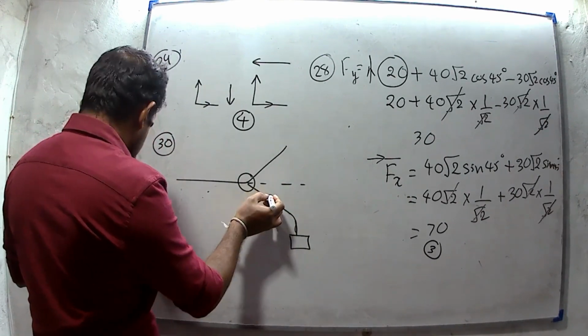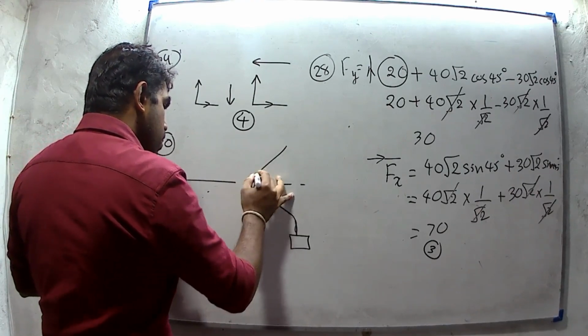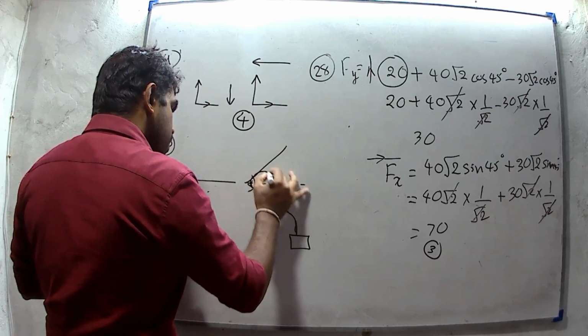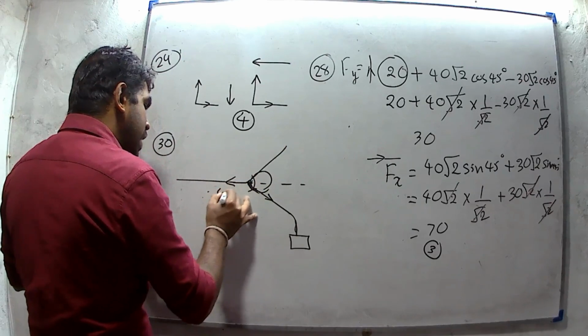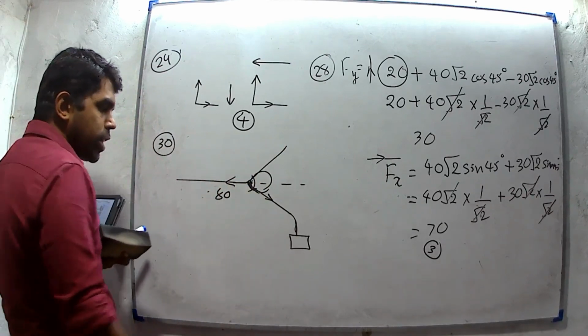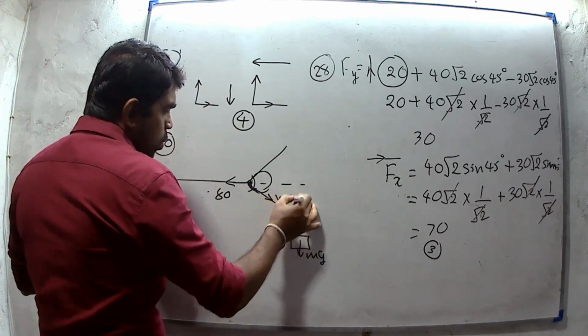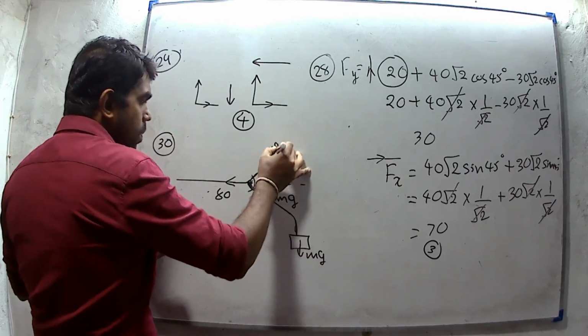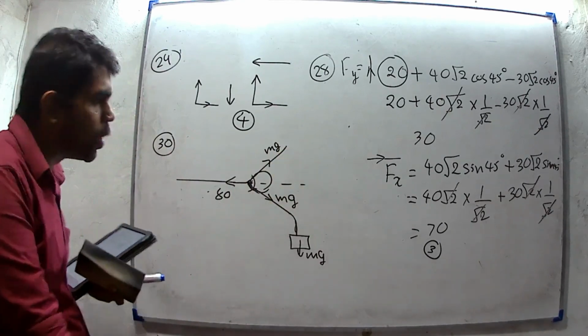Therefore, we can consider there is the same rope like this. This force is 80 Newton, it is given in the question. If this weight is mg, tension should be mg. Now we can consider the horizontal equilibrium of pulley.